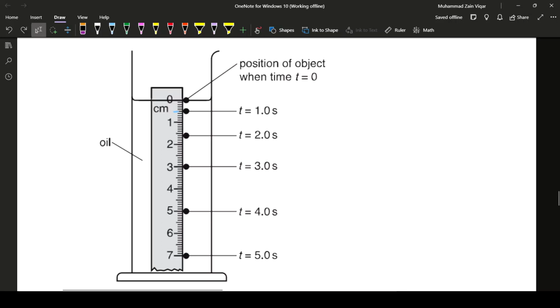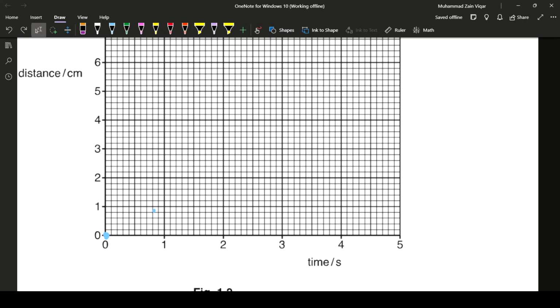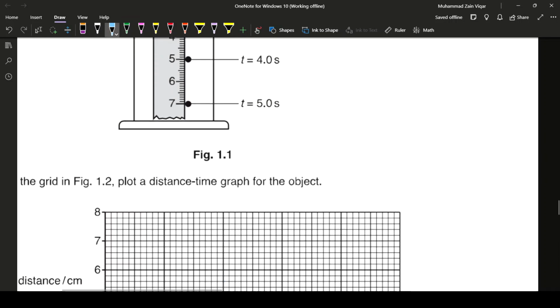So at time t equals 2 seconds we need to go to 1.6. How do I know it's 1.6? These are 5 blocks and these 5 blocks equal 1 centimeter. So if I need 1.6 centimeters, it should be 3 blocks above 1 centimeter. This is my third point, and then let's go to the graph again.